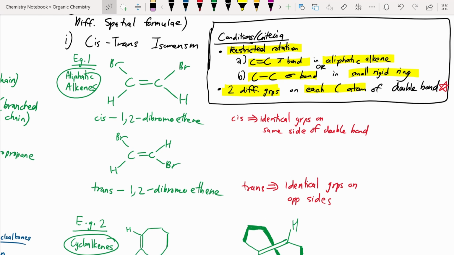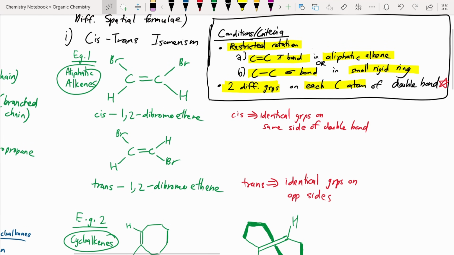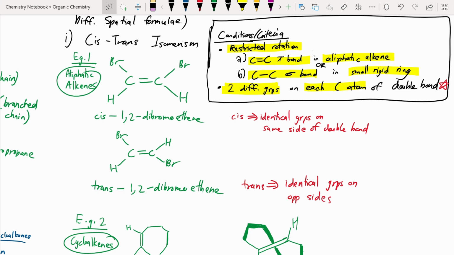As you can see for the first example, the aliphatic alkene, there's the C double bond C pi bond. There are two different groups bonded to each of the carbon atoms, bromine and hydrogen, and that's why cis-trans isomerism occurs.